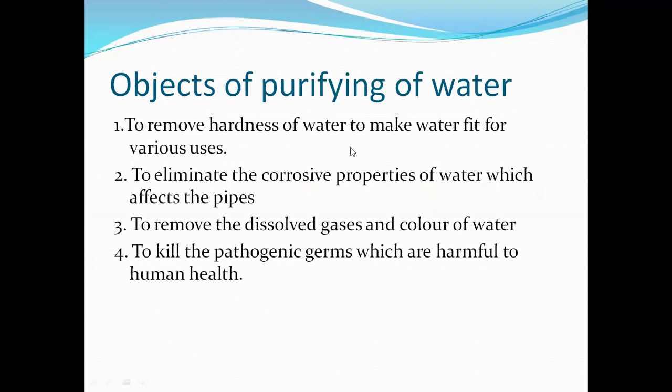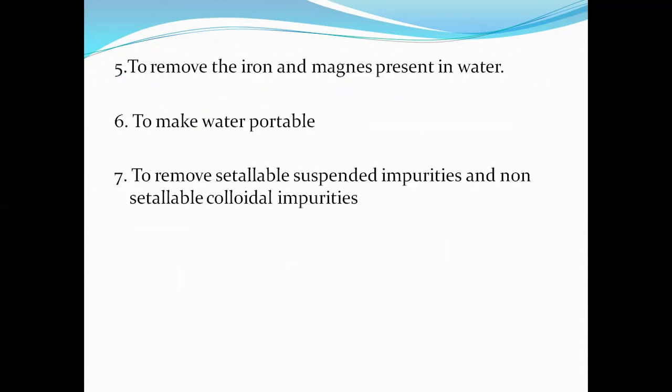In that, first is to remove hardness of water to make it fit for various uses. Second is to eliminate the corrosive properties of water which affect the pipes. Third is to remove the dissolved gases and color of water. Fourth is to kill the pathogenic germs which are harmful to human health.